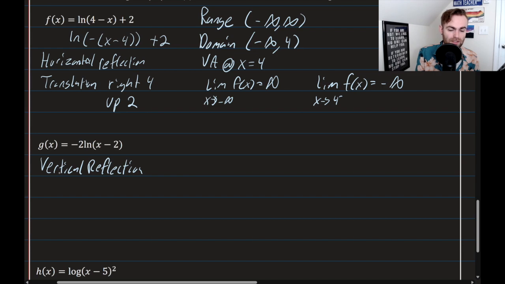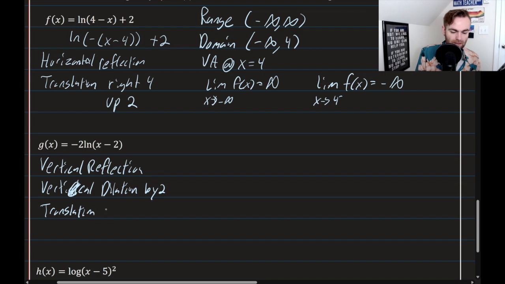We have this 2 here, which means we have a vertical dilation by 2. And then we have this minus 2, so we're going translation right 2.